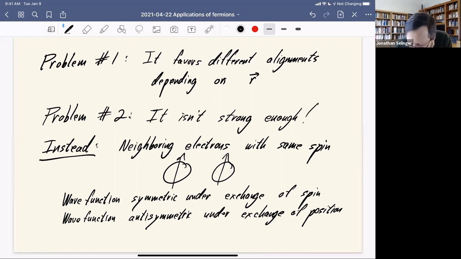Okay, but we already saw in the last class a consequence of the anti-symmetry under exchange of position, right? Because it's anti-symmetric under exchange of position, the electrons must be farther apart.